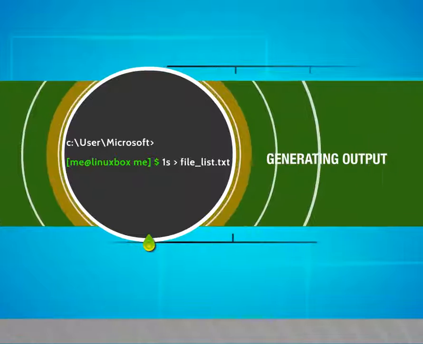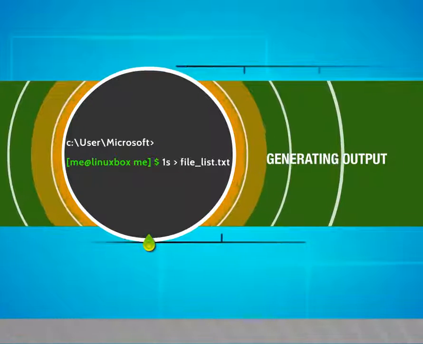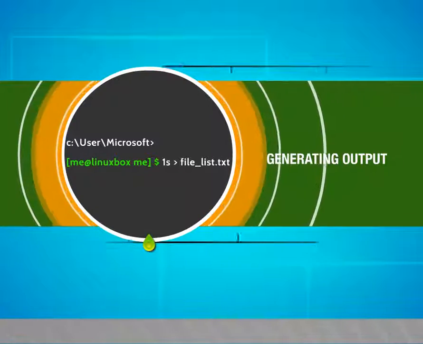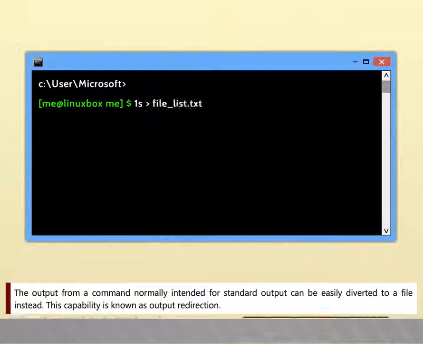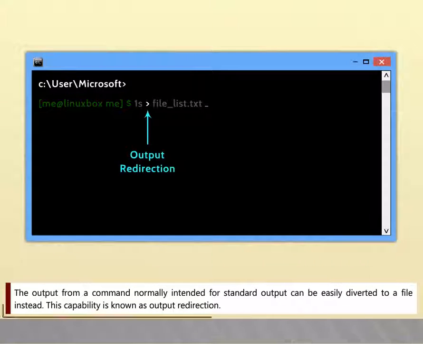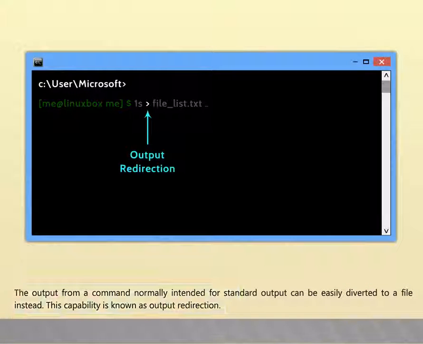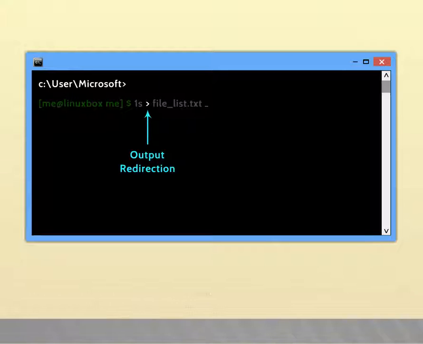Generating output. In this video, we are going to see about generating output. The output from a command normally intended for standard output can be easily diverted to a file instead. This capability is known as output redirection.